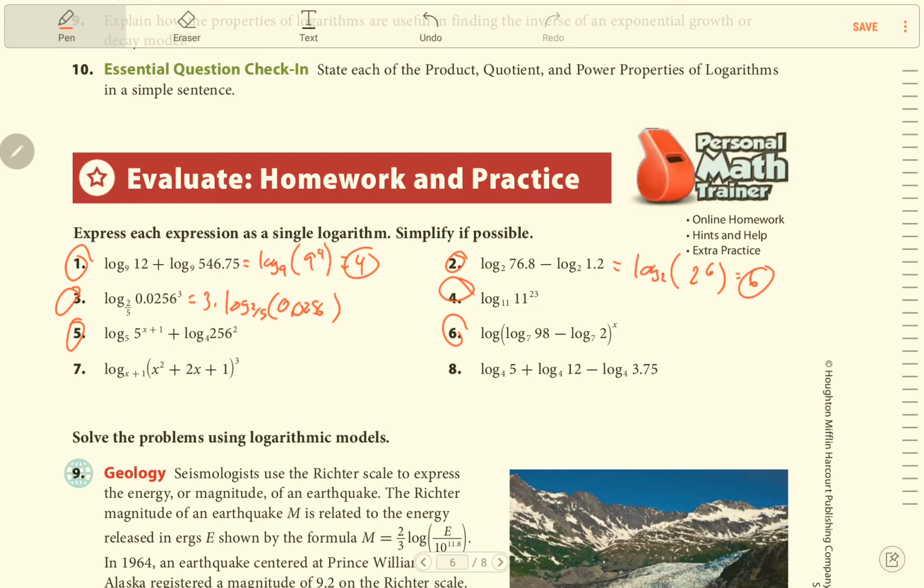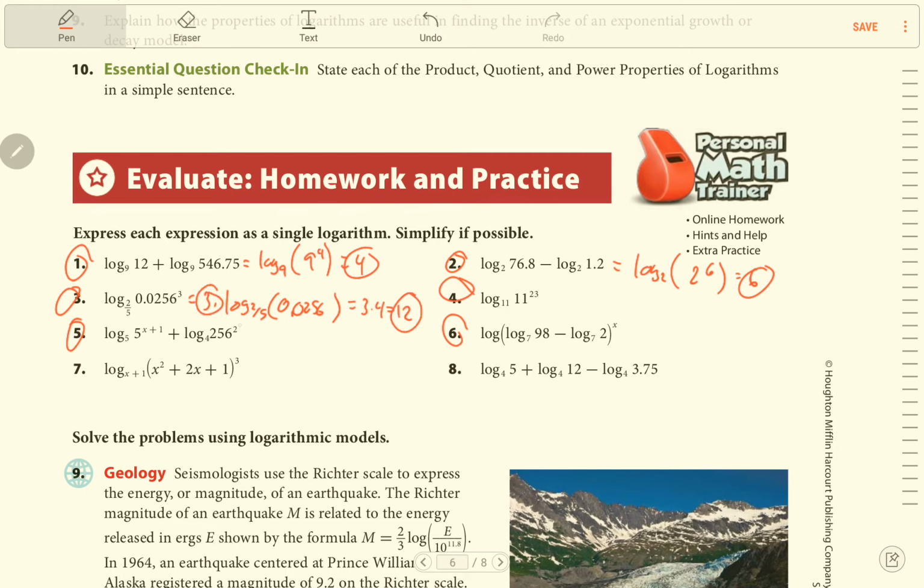There we go. So times another 0.4, times another 0.4, times another 0.4. Ah, okay. So this is a power of 2/5. So 0.0256 is 2/5 to the 4th. So this piece will simplify to 4. So we'll have 3 times 4, which is just 12.